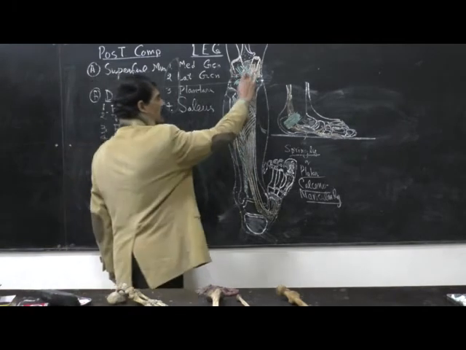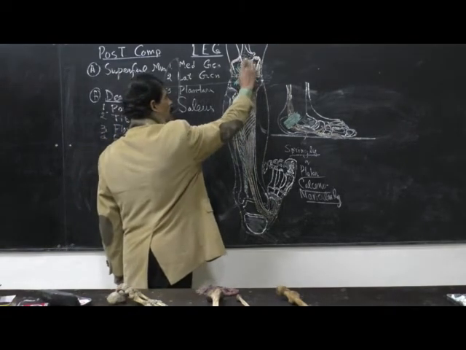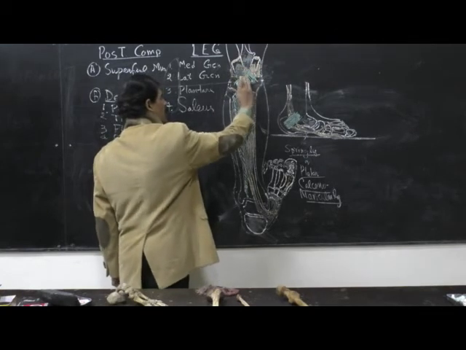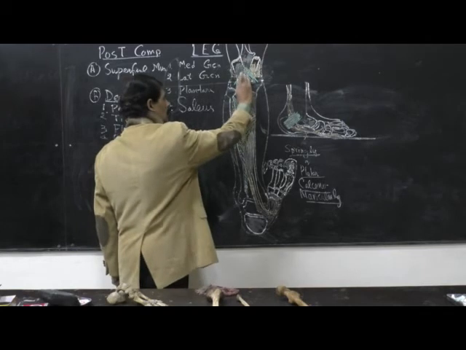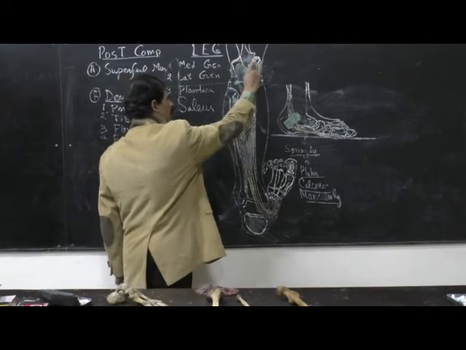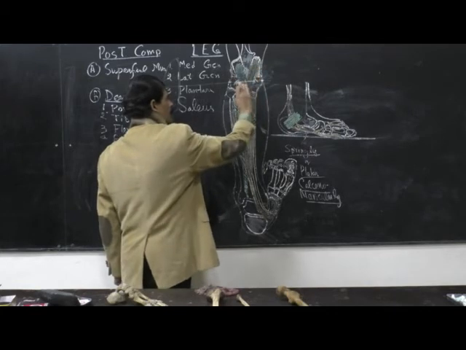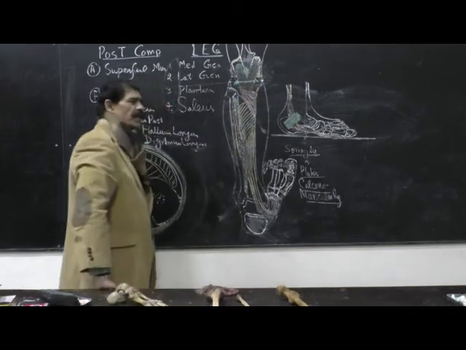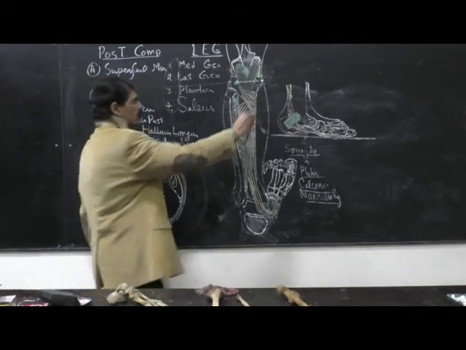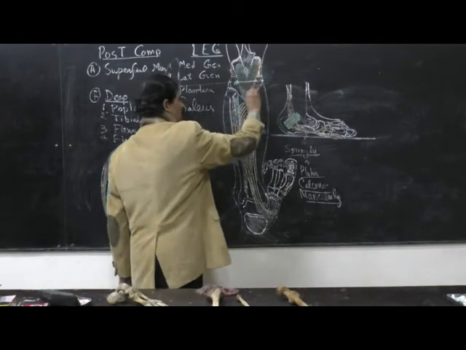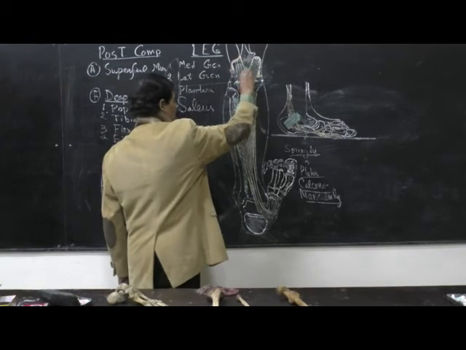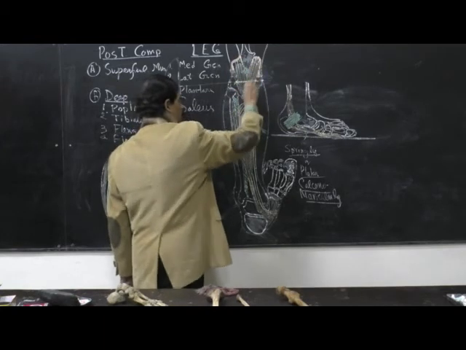So those are the 2 gastrocnemius muscles. Then these 2 muscles run over the popliteal fascia covering the popliteus muscle, medial gastrocnemius and lateral gastrocnemius, and unite together.